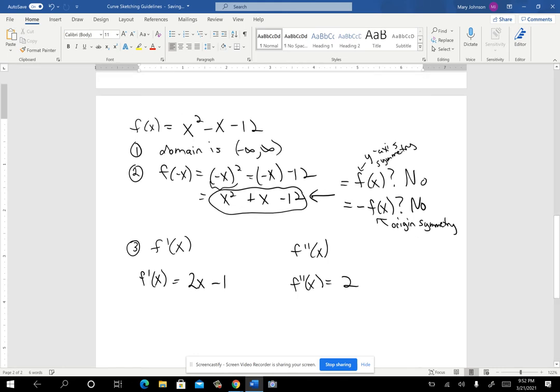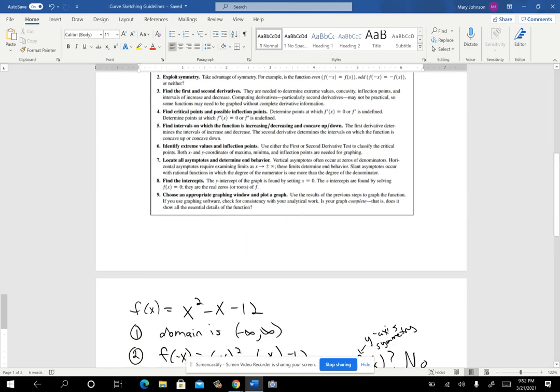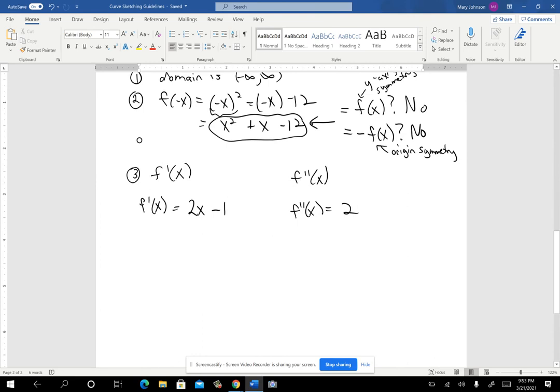Then step 4 says use that information to find points where f prime is equal to 0 or undefined. So you're going to take 2x minus 1 equal to 0. This is step 4. See where this equals 0. We know it's defined everywhere. So the only critical point happens when x is 1/2, because we could add 1, divide by 2.